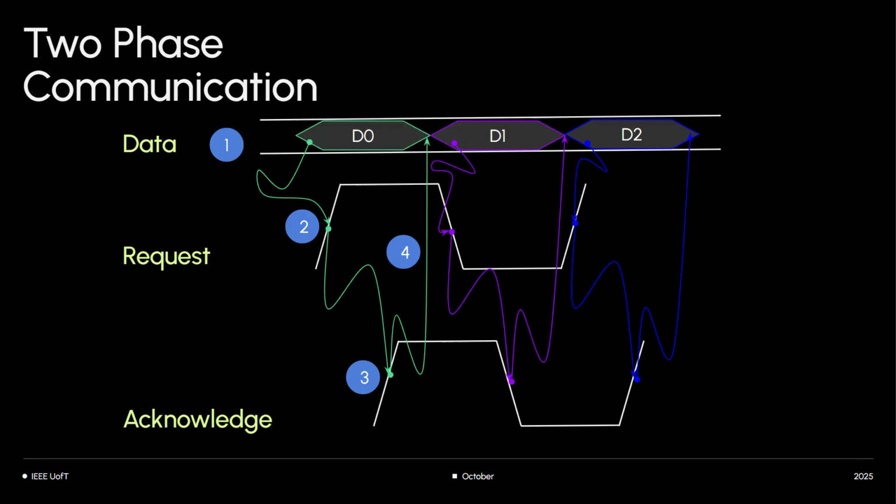It puts the data on the line, pulls valid up, that's the actual signal, and then it waits for the receiver to pull ready up as well. And once they're both high on a clock cycle, it's considered a successful transmission, and then it changes the data on the next positive edge. You have to have a finite state machine to do all those transitions.